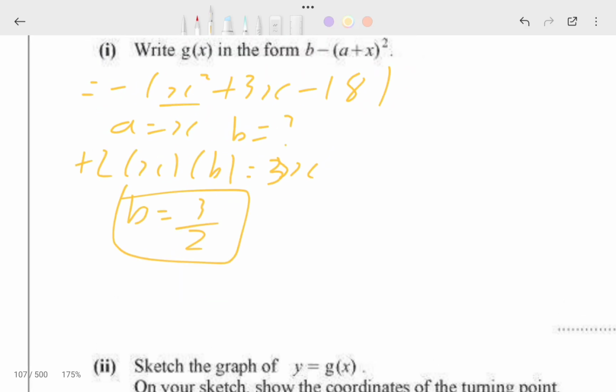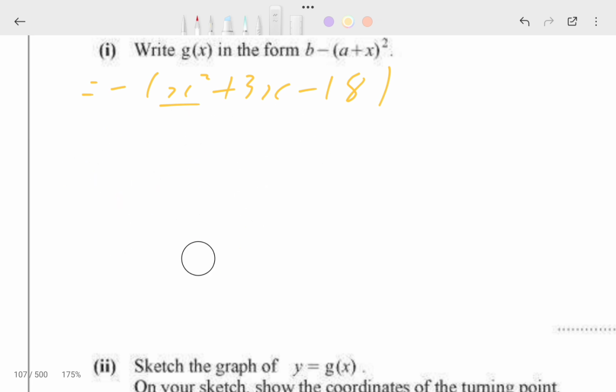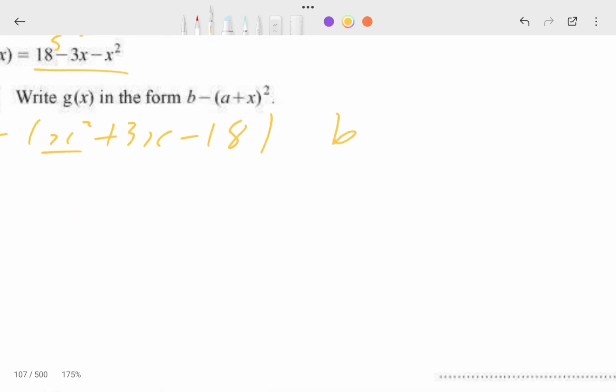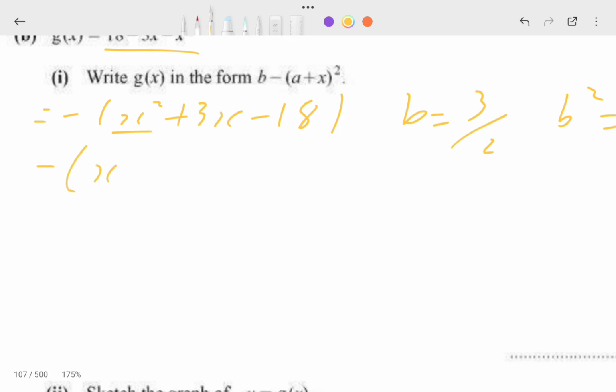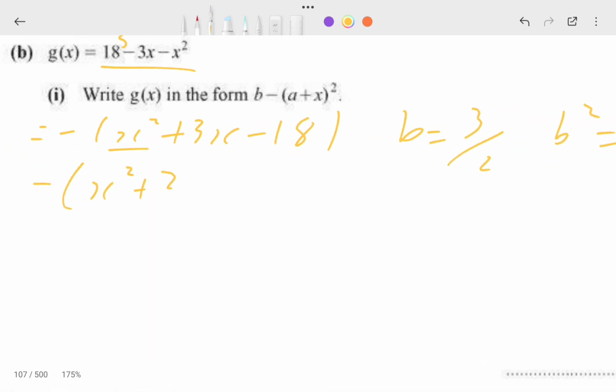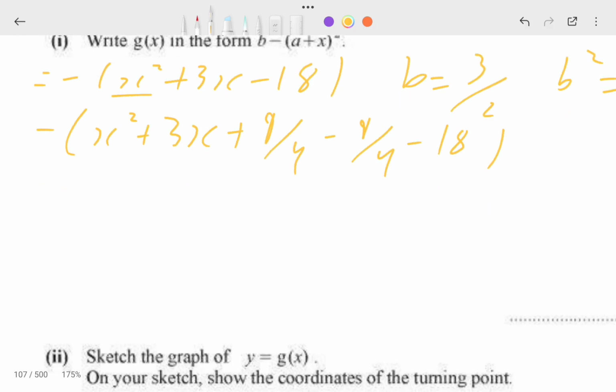So b value is 3 over 2 and b squared is 9 over 4. So if I add and subtract 9 over 4 in this equation, plus 9 over 4 minus 9 over 4 minus 18, we can write that (x plus 3 over 2) squared will be equal to minus 81 over 4.